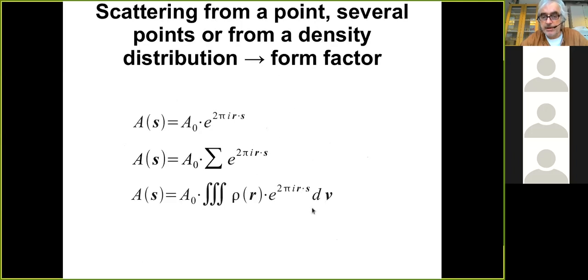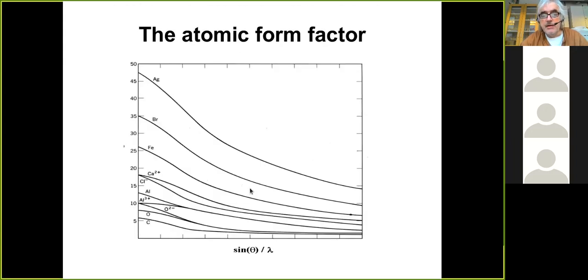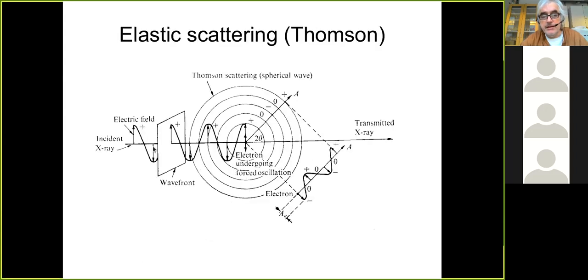Why a form factor? Well, all of this is an atomic form factor integrated over the whole volume of the density distribution. Atoms are composed of density distributions, approximately spherical, and the electric field in the incident beam sets this electron density distribution into some kind of forced oscillation.